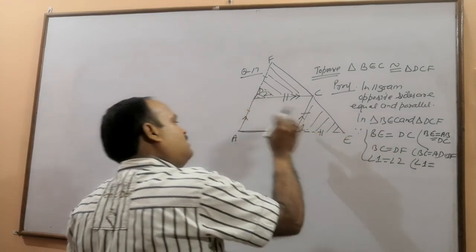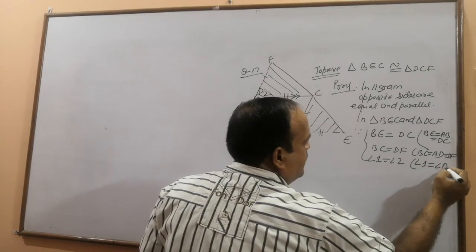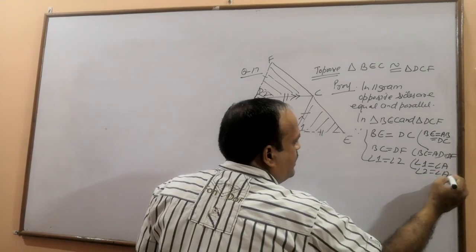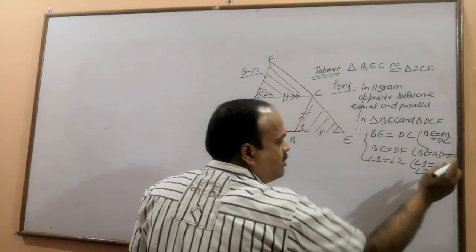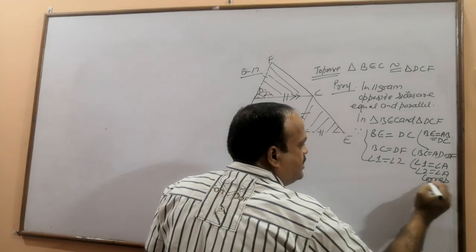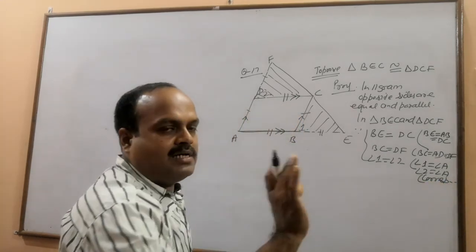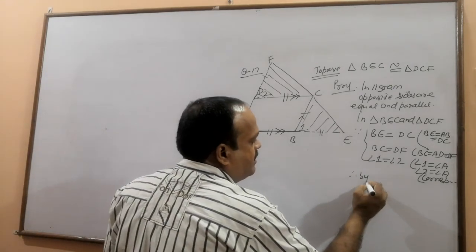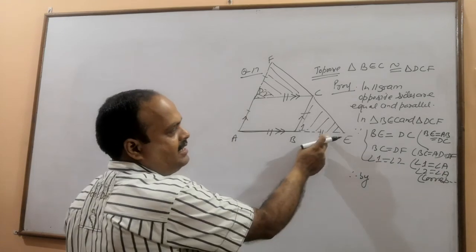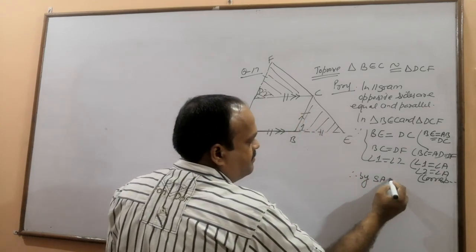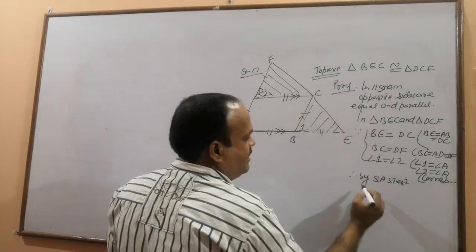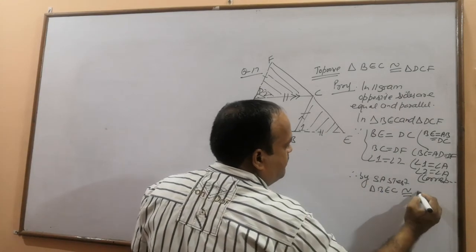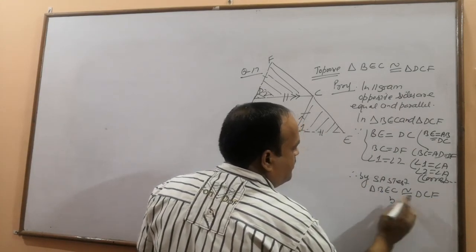Angle 1 equals to angle A, angle 2 equals to angle A. इसलिए ये दोनों इक्वल हैं. और ये क्यों इक्वल हैं? आप यहाँ CORRESP शॉर्ट में लिख दीजिए, मीन्स corresponding. So therefore by कौन सा टेस्ट? साइड एंगल साइड. Triangle BEC is congruent to triangle DCF. Proved.